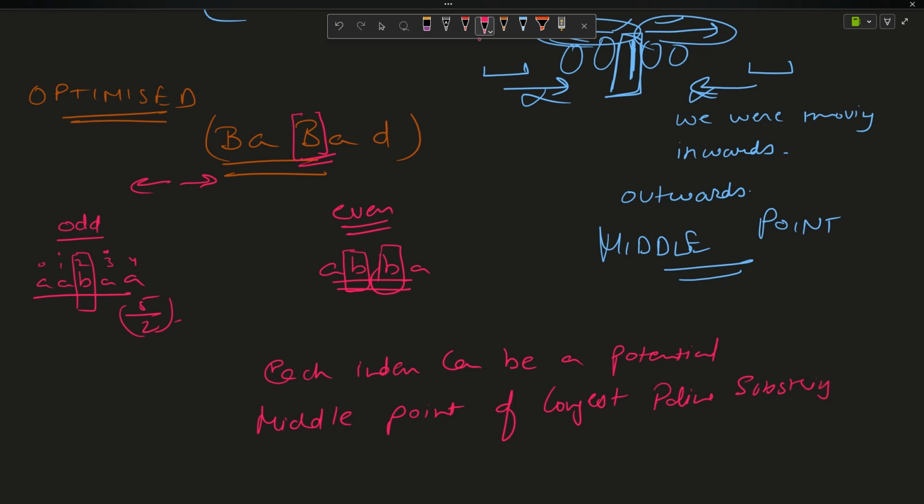My optimized approach is based on this idea. Each index can be a potential middle point of the longest palindromic substring. So I will have to explore all the indexes, both for the odd case and for the even case, and whichever gives me the largest answer, I will keep that as my answer.